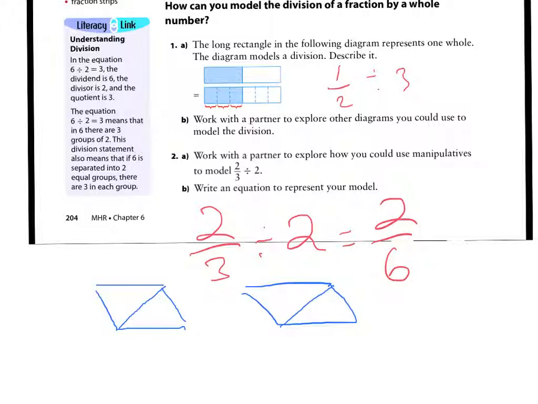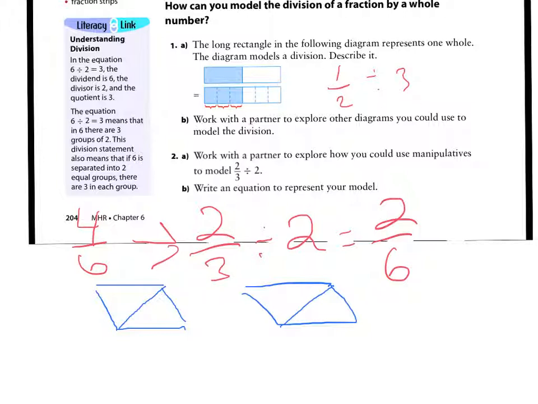Now, I just want to review why it can't be 4/6. Well, it can't be 4/6 because that's actually the same as 2/3. If I take 4/6 and divide both by 2 in lowest terms, that gives me 2/3.